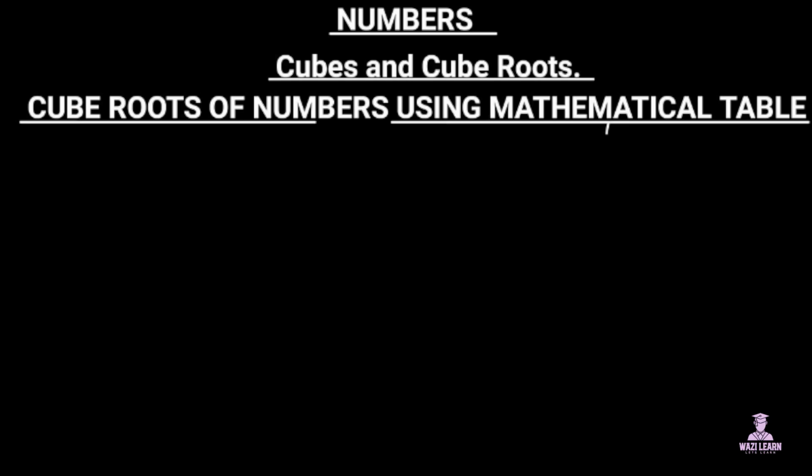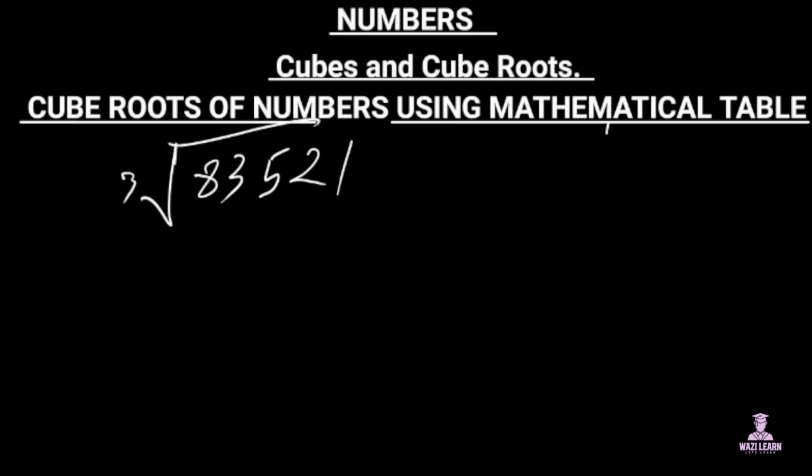Let's say you are given another example where we have to find the cube root of 83,521. So you write it in standard form, times 10 raised to n, where n is 3 in this case.